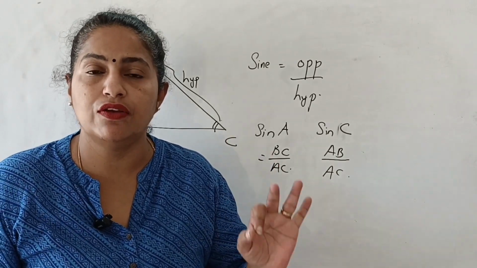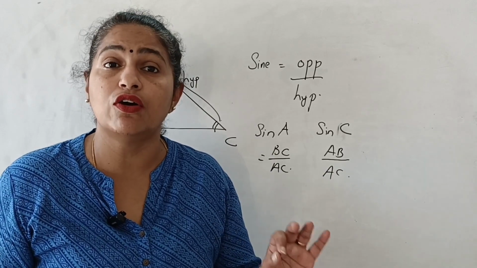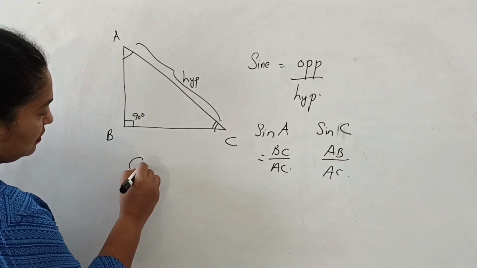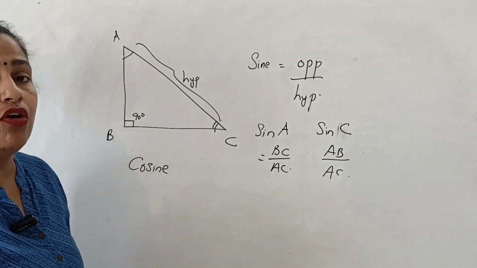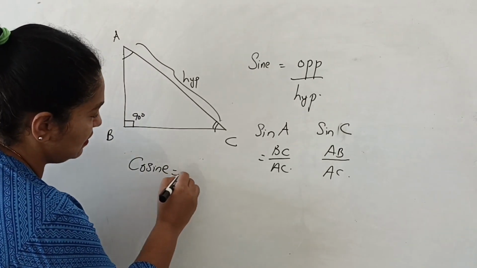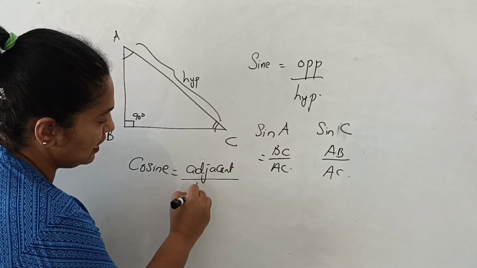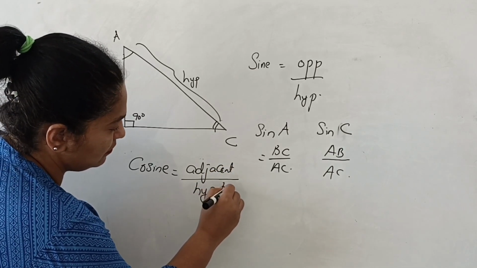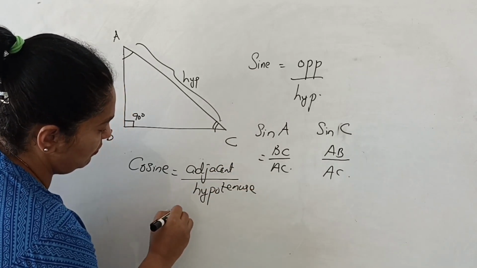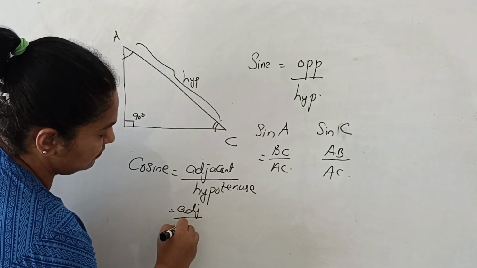Now, let us define what we mean by cosine of an angle. The definition of cosine is adjacent side to the angle by the hypotenuse. In short form, we can write this.